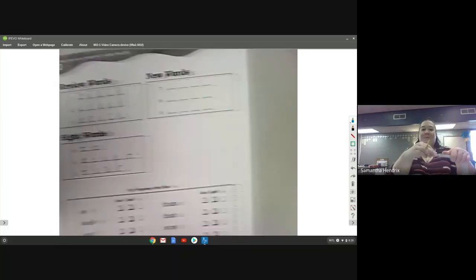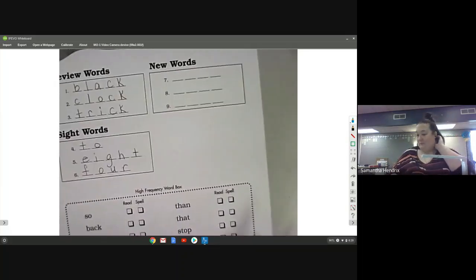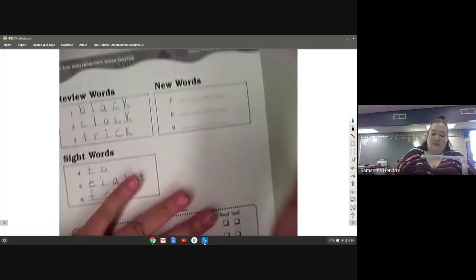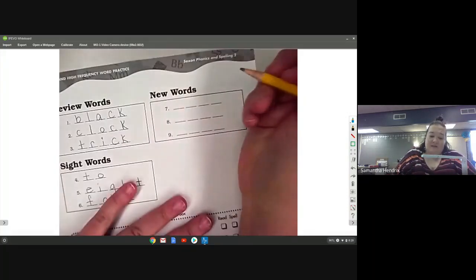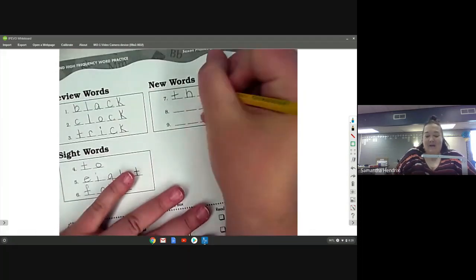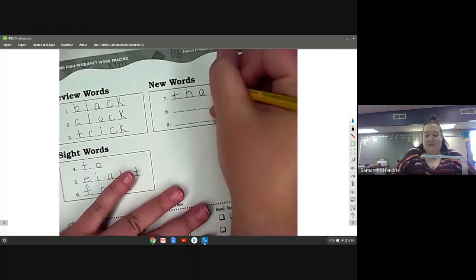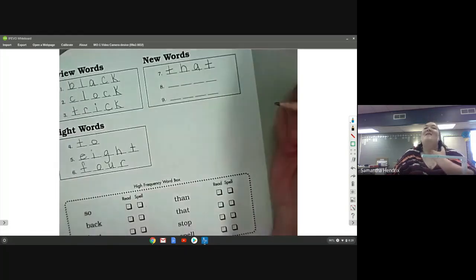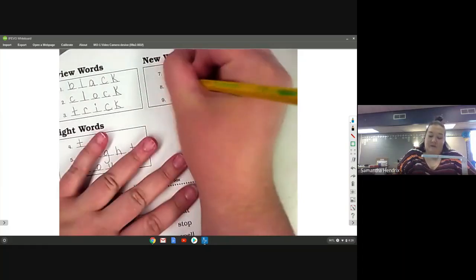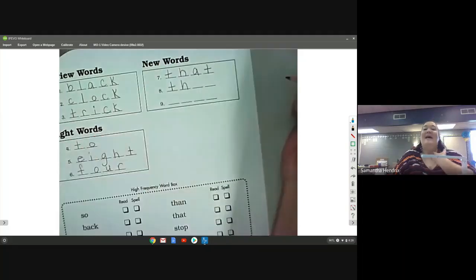That. So what letters? T, H, A, T. Then. Digraph TH.